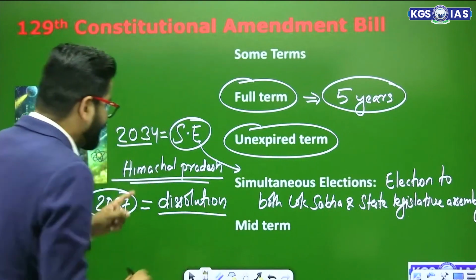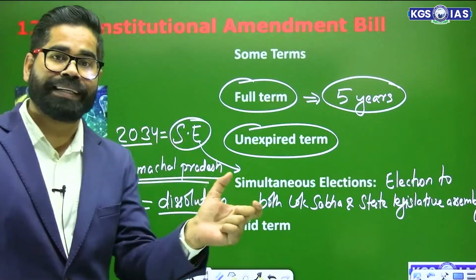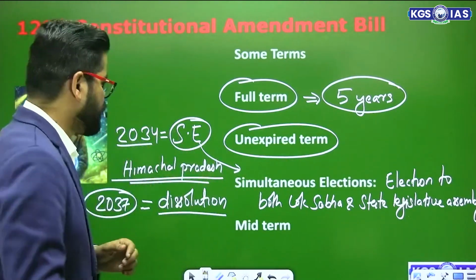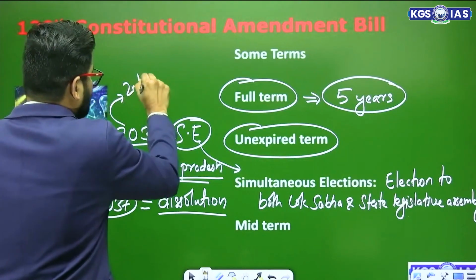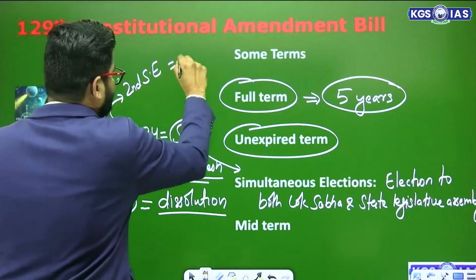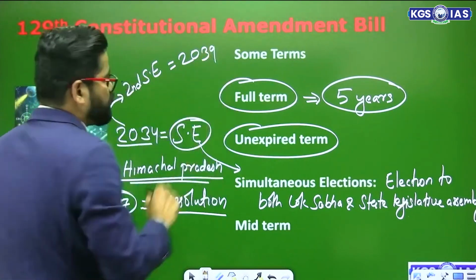Now the next election is supposed to be conducted in 2039, the second simultaneous election.